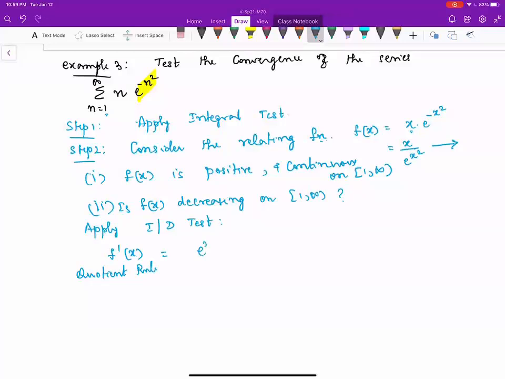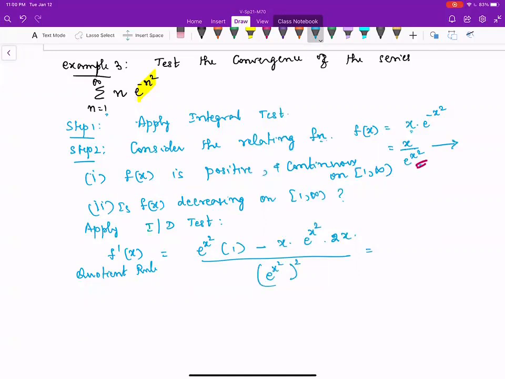It is denominator times derivative of numerator minus numerator times derivative of denominator. When you take the derivative of the denominator, you will apply the chain rule. So it is e to the x square times the derivative of x square, then divided by e to the x square, the whole square.